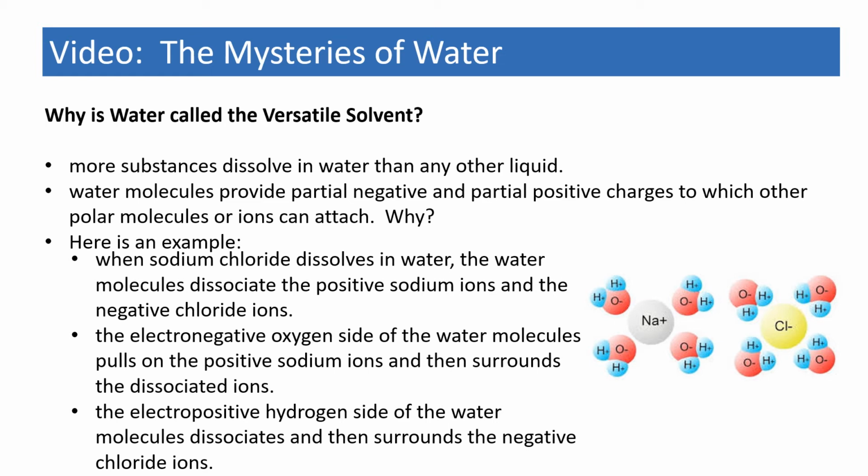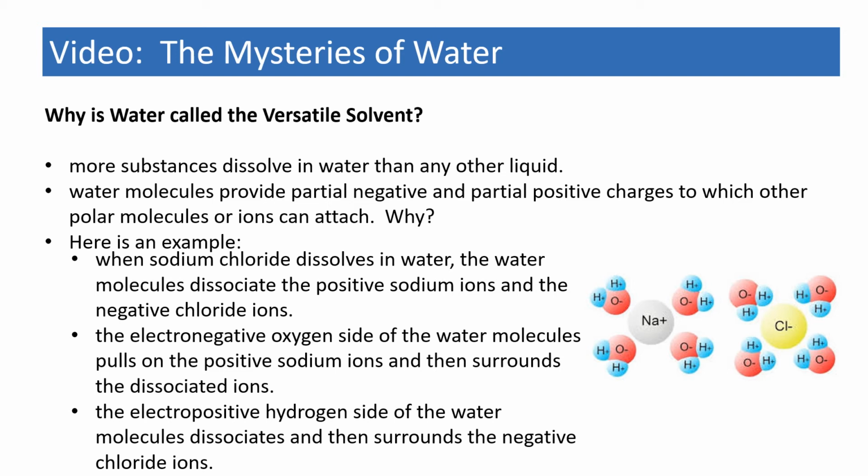When sodium chloride dissolves in water, the water molecules dissociate, or break apart, the positive sodium ions and the negative chloride ions.